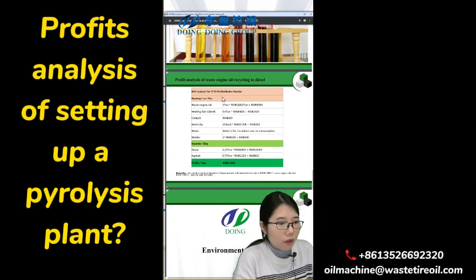So finally you will get 85% diesel, which is about 4.25 tons, worth 20,400 Chinese yuan. And the asphalt will get 825 Chinese yuan.